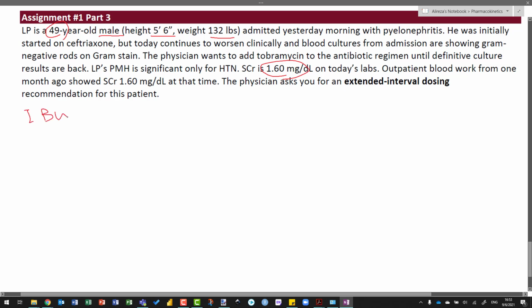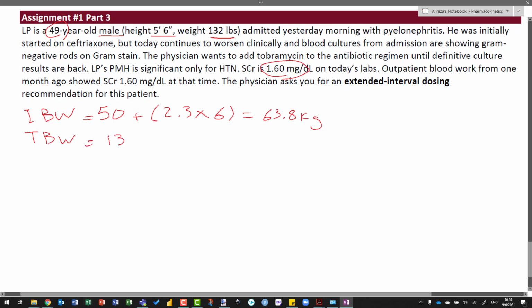If we calculate the ideal body weight, we just want to make sure that the patient is not excluded from a renal function perspective. So let's figure out the renal function. This is a male, so 50 plus 2.3 times 6. This is 6 inches above 5 foot tall, which gives you 63.8 kilograms.